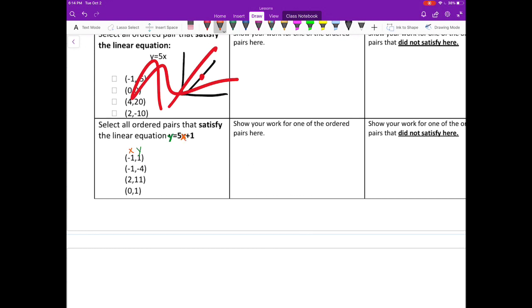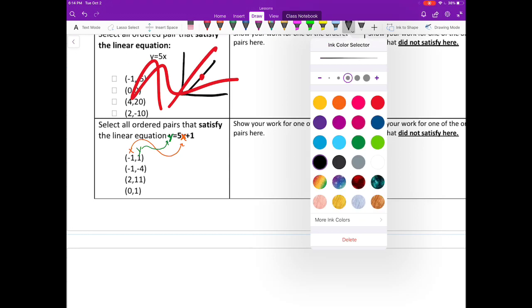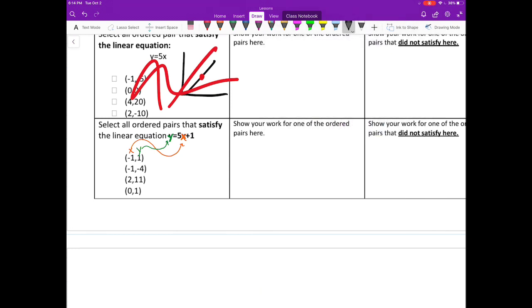So why can't I just put my x right there, and why can't you just put your y right there? So instead of a y, let's put a 1. Instead of an x, let's put -1. So here's how you do these problems. You take y equals 5x plus 1. Write the equation. Next line, aren't you going to substitute?